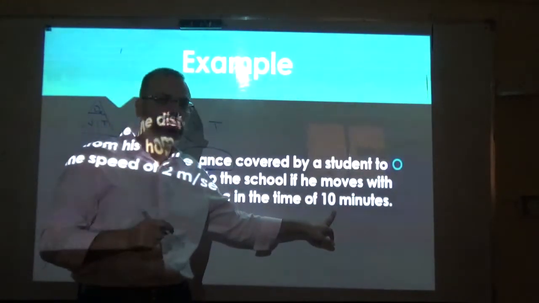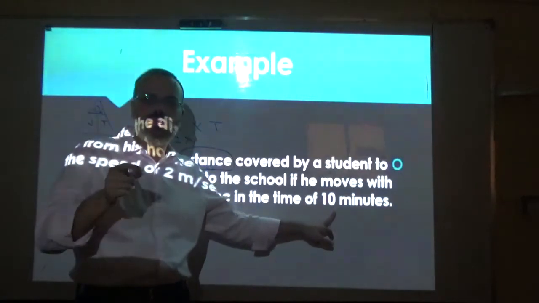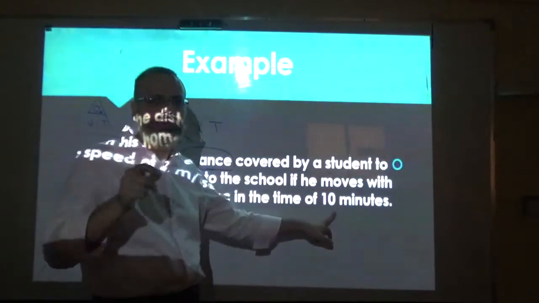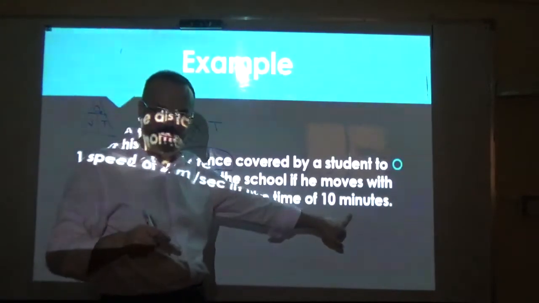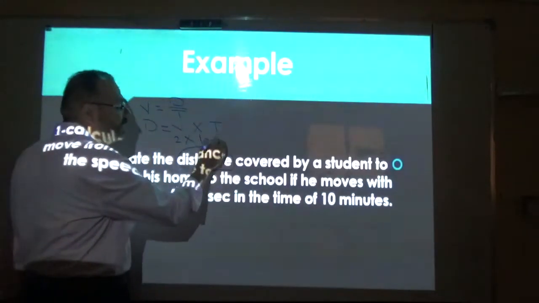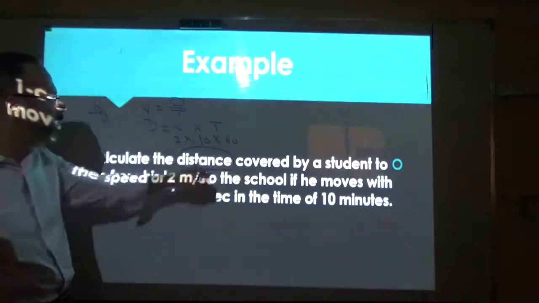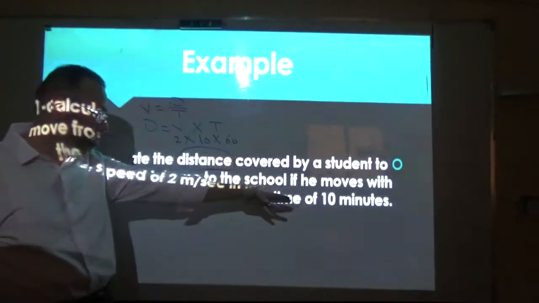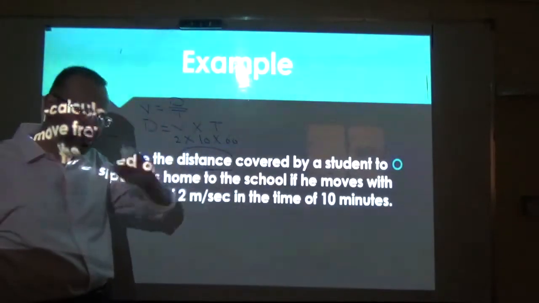How can we convert the minutes into seconds? Each minute includes 60 seconds. That means 10 minutes includes what? 10 multiply 60. 10 is the time and multiply 60 to convert it into seconds.